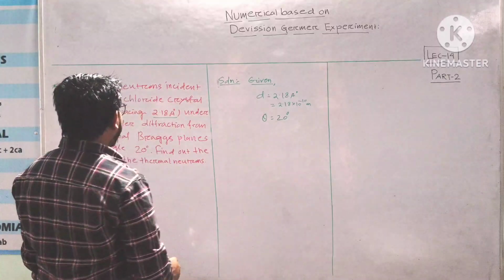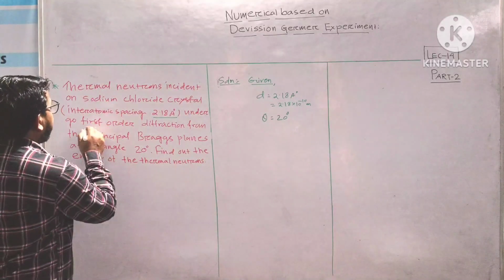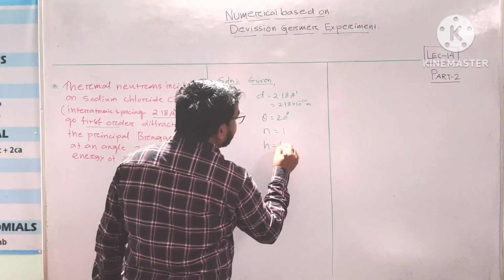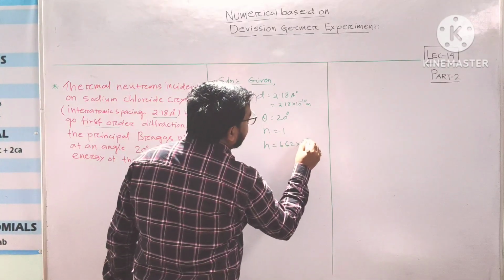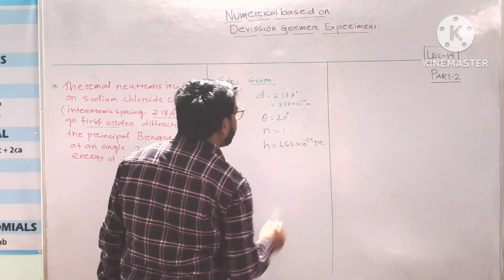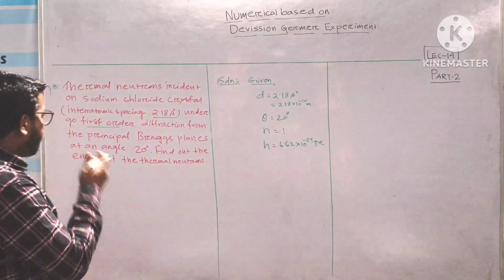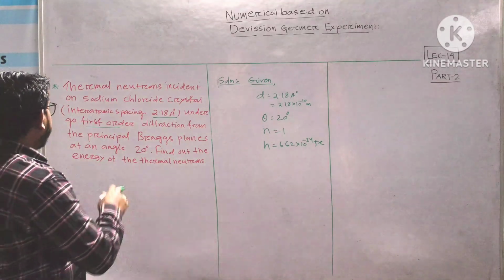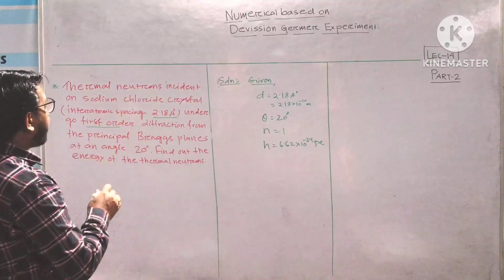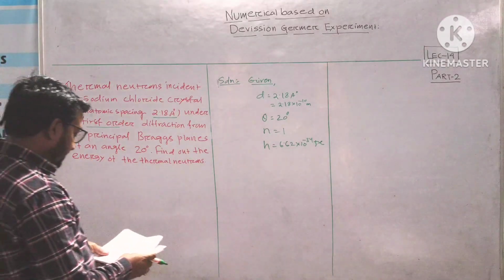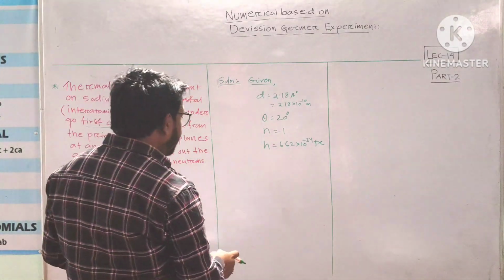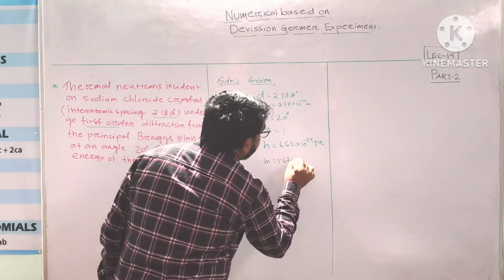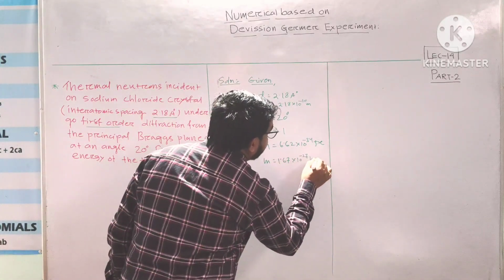And first order, so integer number n equal 1. Planck constant h equal 6.62 into 10 to the power minus 34 joule second. And the particle is a neutron, so the mass of the particle equal 1.67 into 10 to the power minus 27 kg.